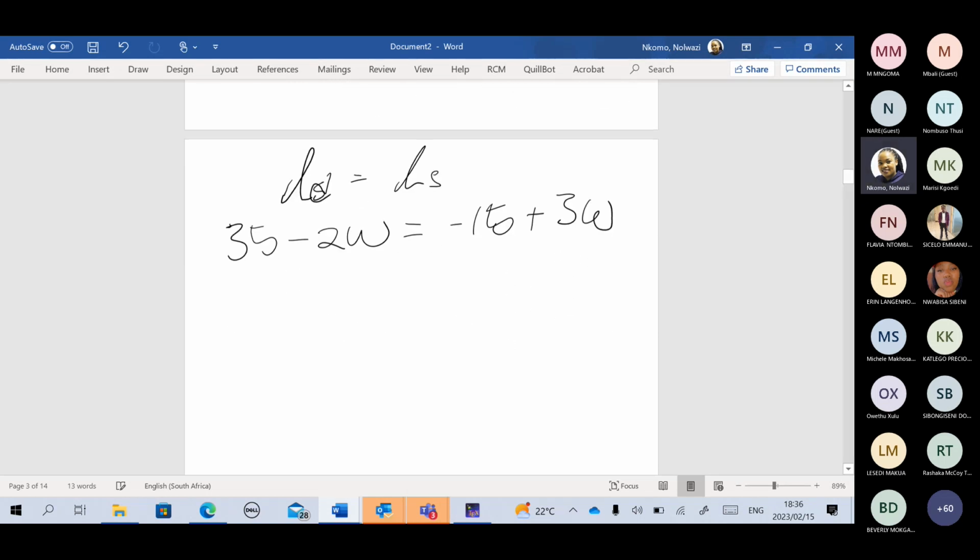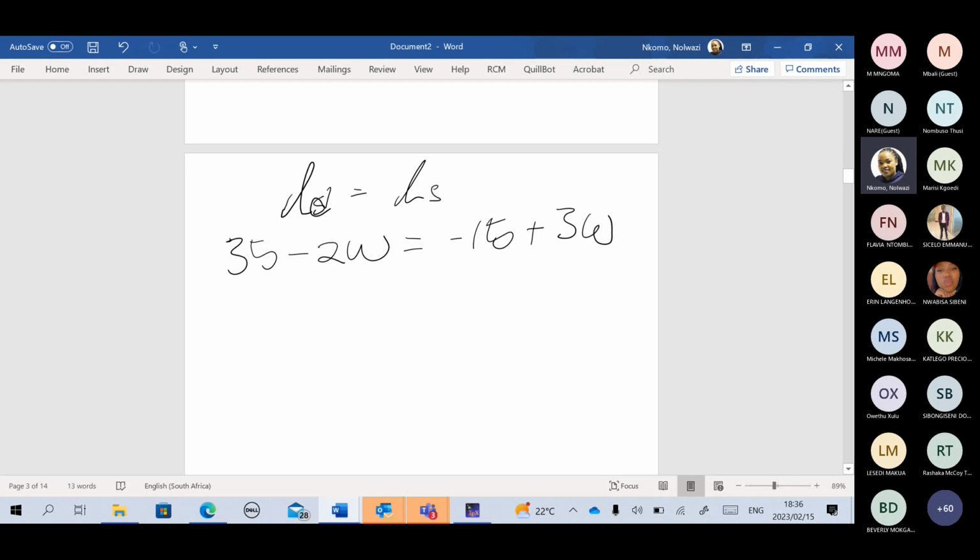And this gives us, okay, remember the next step here is to collect the like terms in one side, since to make the wages the subject of the formula, you need to collect all the terms with W in one side and all the terms without W on another side.